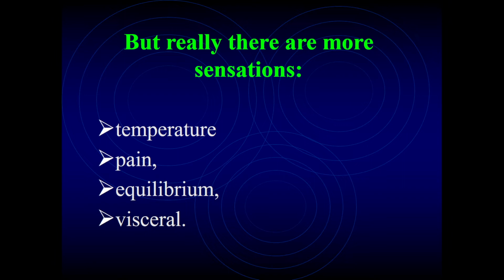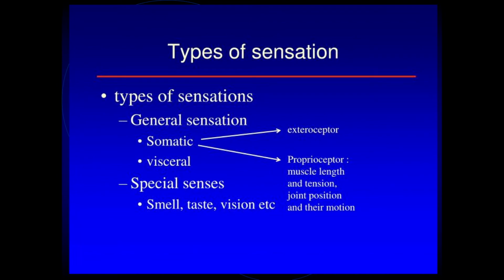Chemicals, for example, taste; physical, temperature, density, and volume of food. Also, we have general sensation and special sensation. General includes somatic and visceral. Special includes smell, taste, vision, and other types.